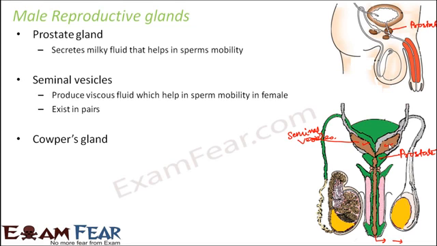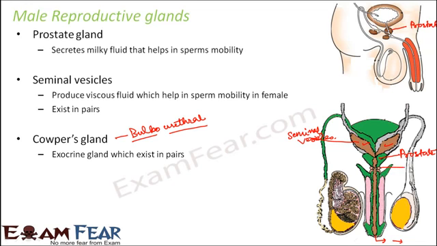And the third gland is the Cowper's gland, which is also known as the bulbourethral gland. Why is it called bulbourethral gland? Because if you look at it, it is like two small bulbs, and it is present very close to the urethra. That is why it is called bulbourethral. It is an exocrine gland which exists in pairs.